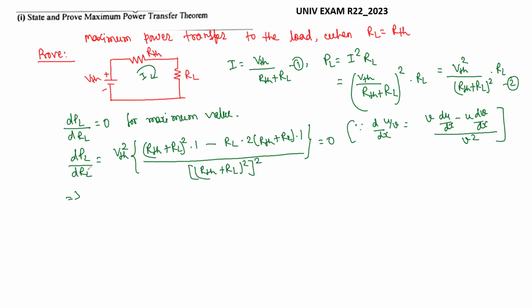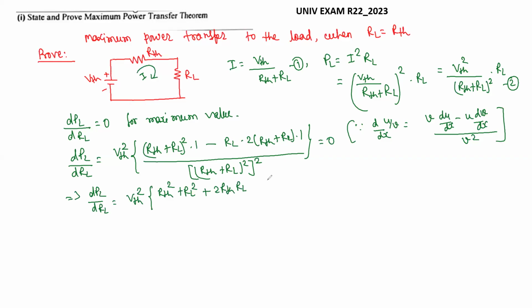So finally, what we'll get here? This dPL by dRL equal to BTH square, 1 means we can say in that side. Now this expression we have finally, we'll apply the (a + b) whole square. So RTH square plus RL square plus 2 RTH into RL.